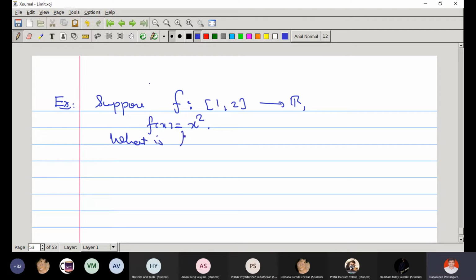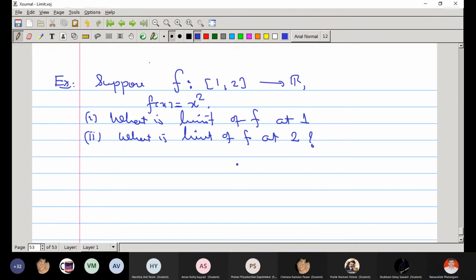Then what is the limit of f at 1? What is the limit of f at 2? Right? What is the limit of f at 1? What is the limit of f at 2?